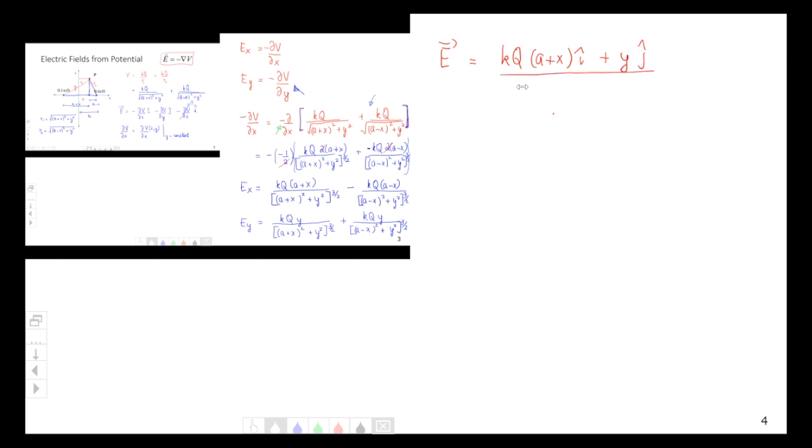So now I'm going to collect the terms that have the same denominators.